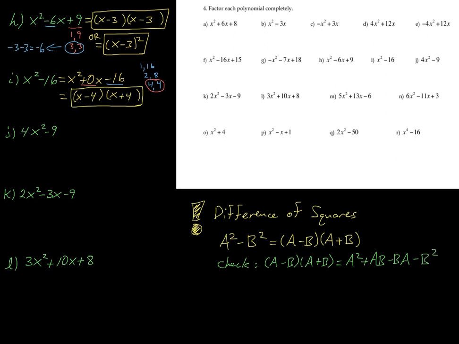Okay, and now ab and ba are really the same thing, like 3 times 7 and 7 times 3 are the same value. That's what's called the commutative property of multiplication. Okay, and since we're subtracting here, these terms, in fact, will cancel out. And so we are left with the left-hand side of a squared minus b squared.